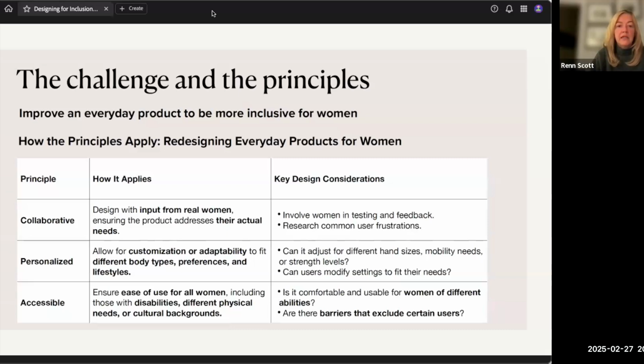A key learning on this one is that we talked about collaboration, personalization, and accessibility, but what came up really quickly is the importance of data and the information that we're capturing specific to the people that we have in mind.